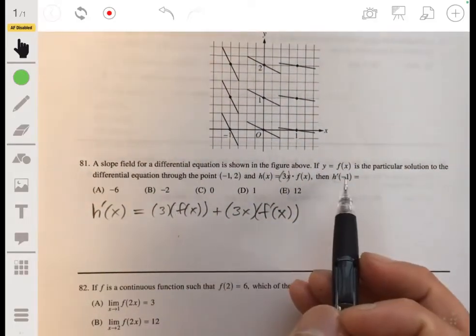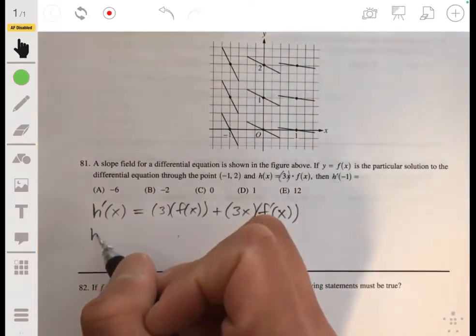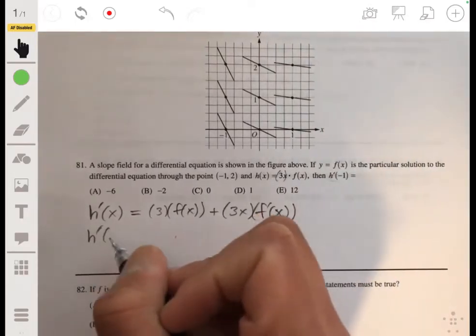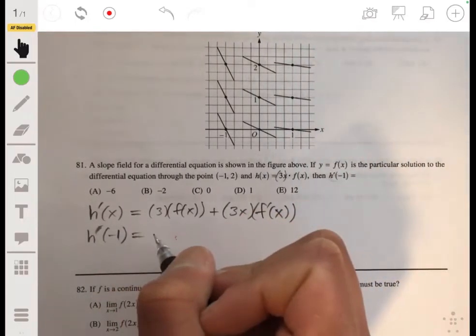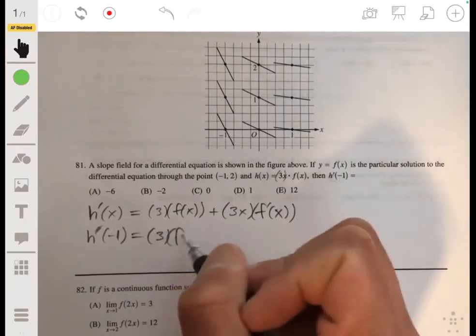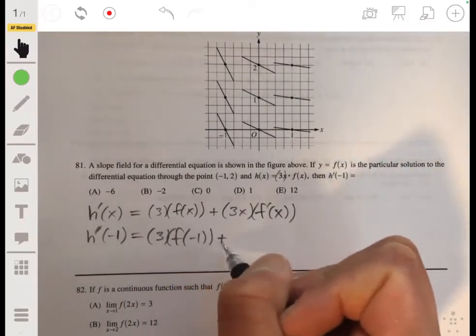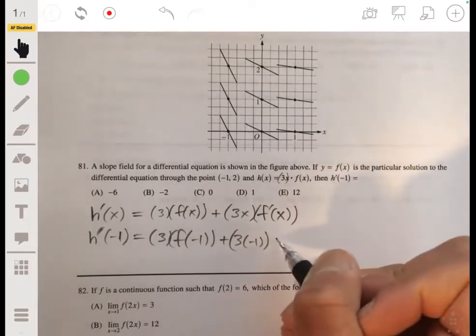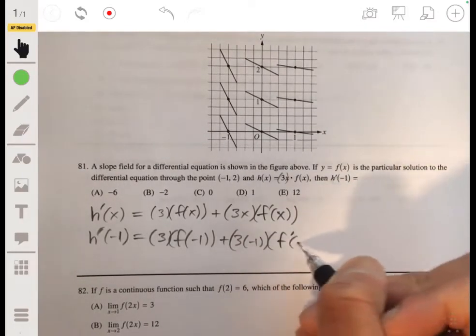Now, if we want to find it at a specific point, at x equals -1, we just replace all the x's with -1. So h prime of -1 will be equal to 3 times f of -1 plus 3 times -1 times f prime of -1.